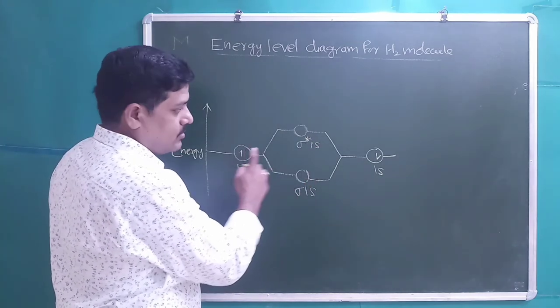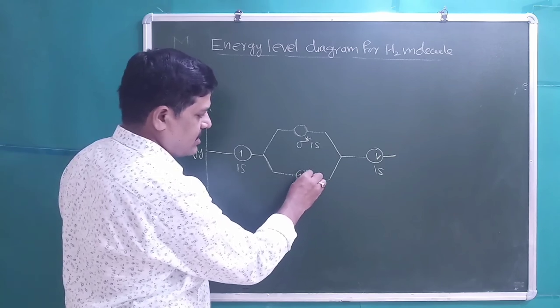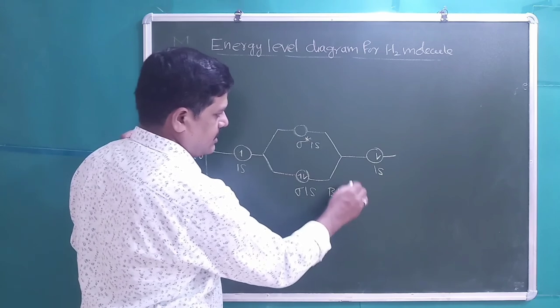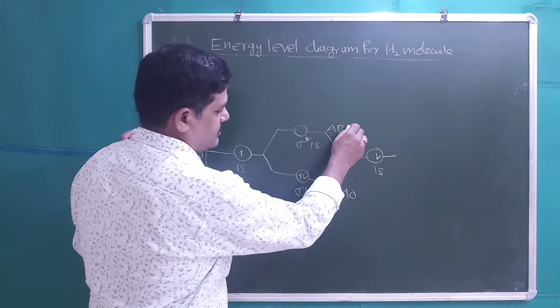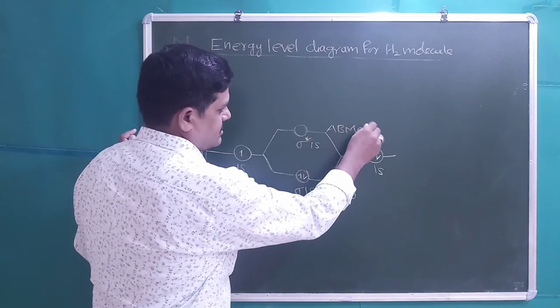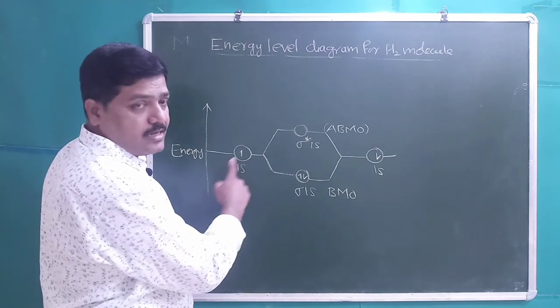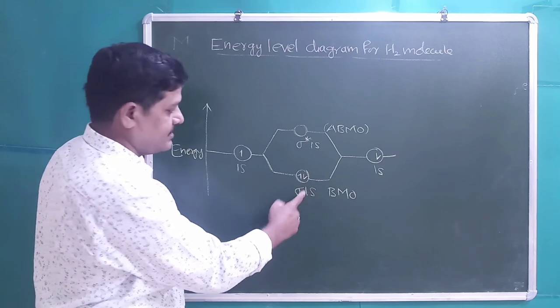Both the electrons are filled in the bonding molecular orbital. Two electrons are present in the hydrogen molecule, both in the bonding molecular orbital.